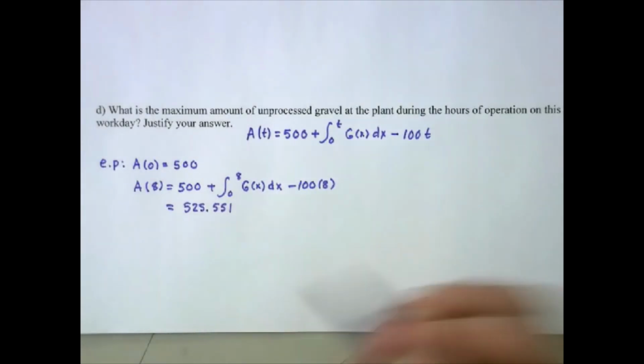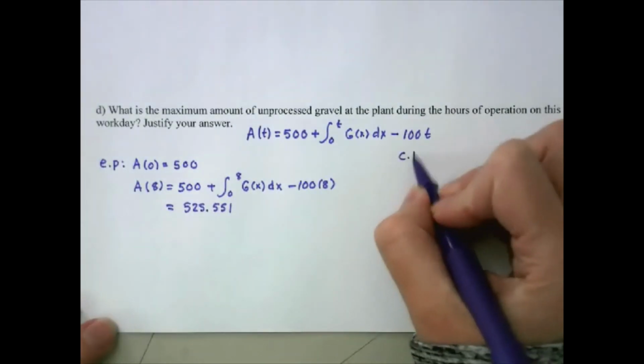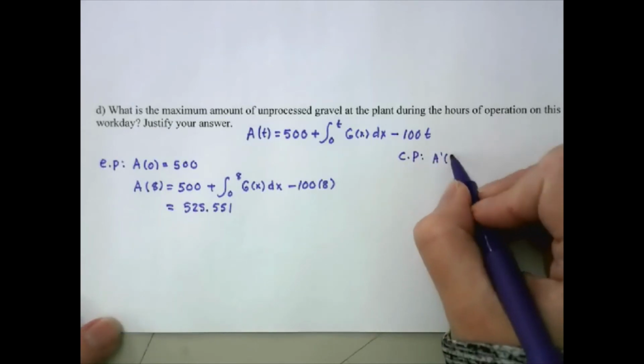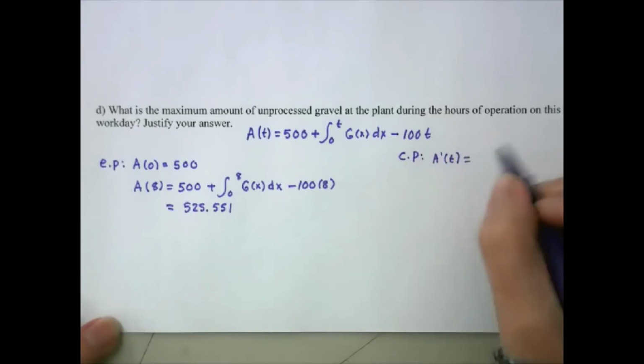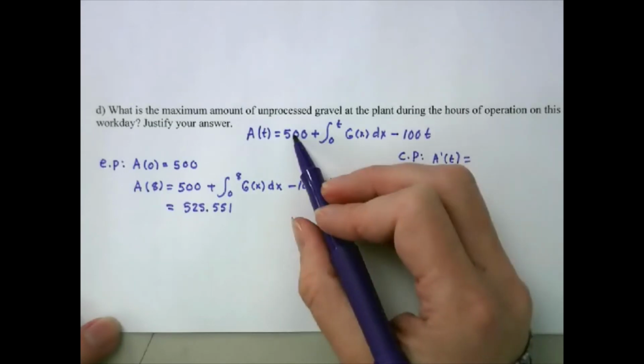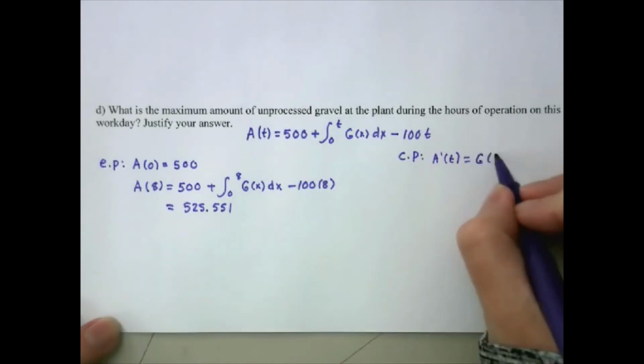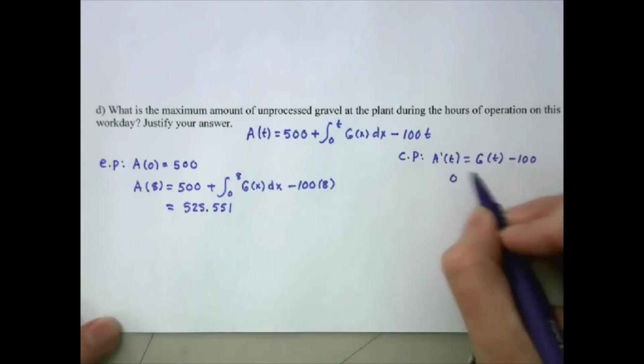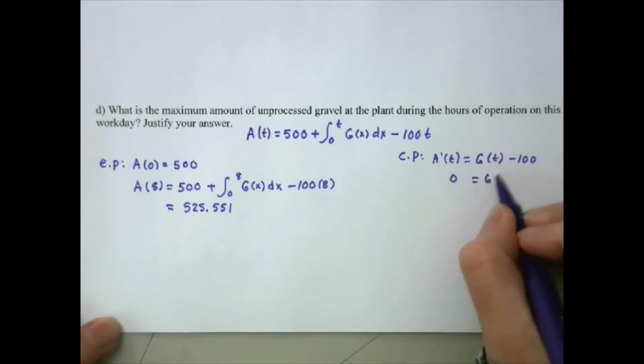Then we want to see if there's any critical points. So I'm going to take the derivative of A, which is just going to be 0 here. This is going to be g of t. This is going to be negative 100. We want the derivative to equal 0.